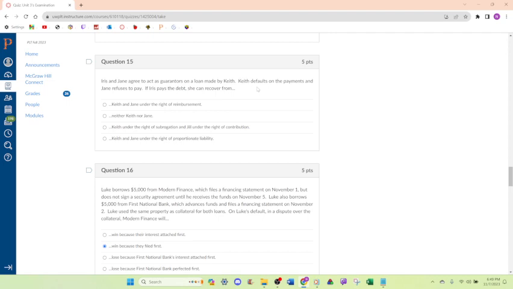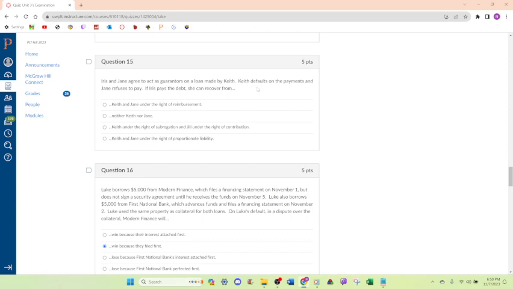She can recover. Why would it be both Keith and Jane? Like, can she recover at all? Because she was a guarantor. It doesn't make any sense.